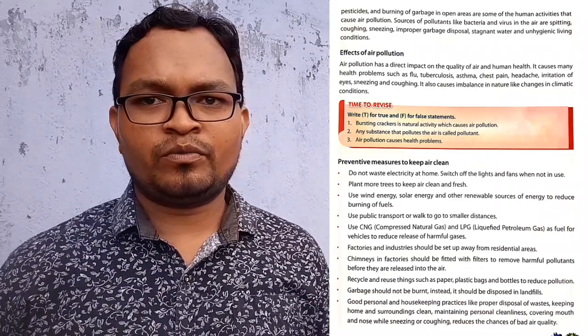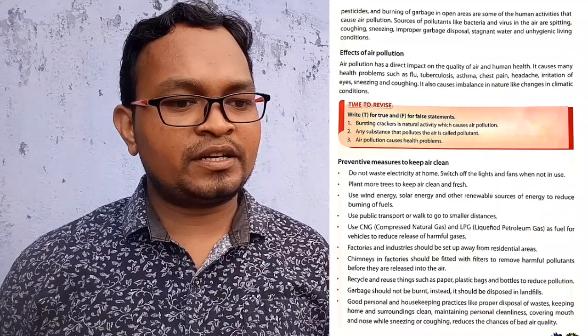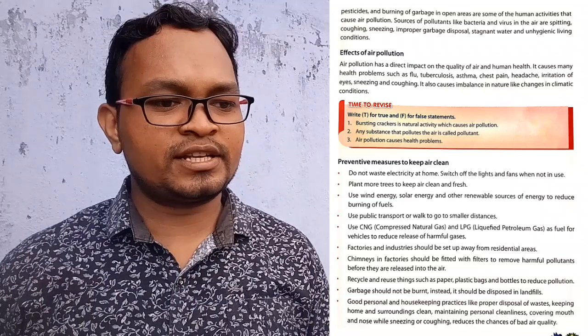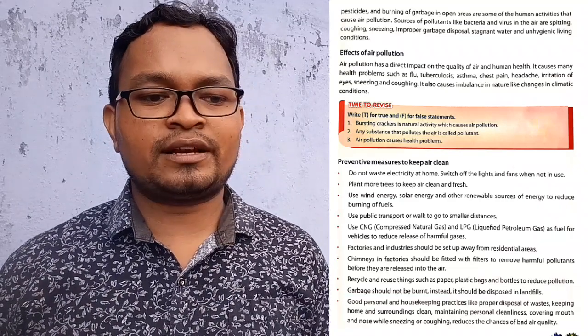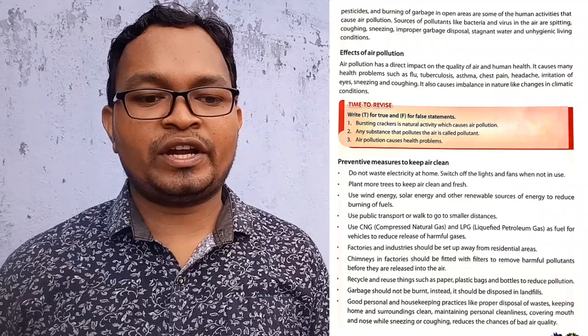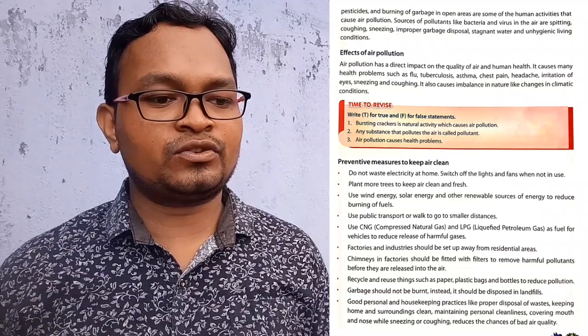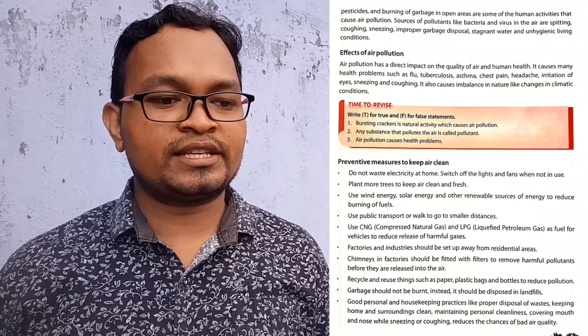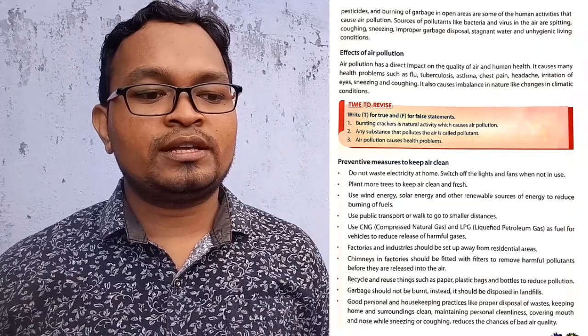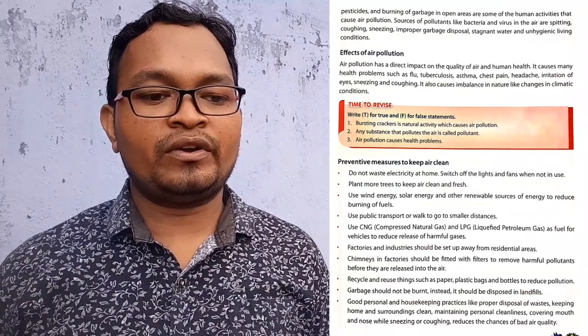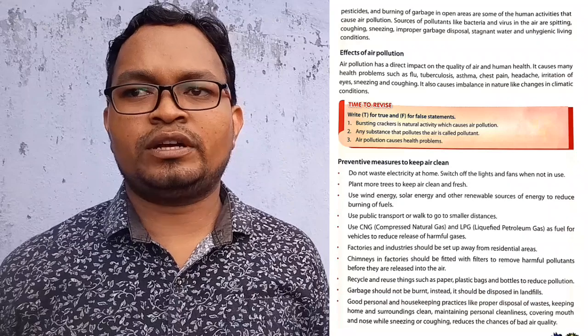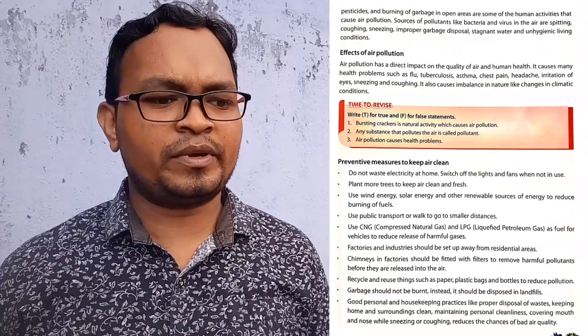Likewise, many of the points are given, like use public transport or walk to go to the smaller distance, use CNG, compressed natural gas, and LPG, liquefied petroleum gas, as fuel for the vehicles to reduce release of harmful gases. Factories and industries should also be set up away from residential areas. So in residential areas the factories should not be there.